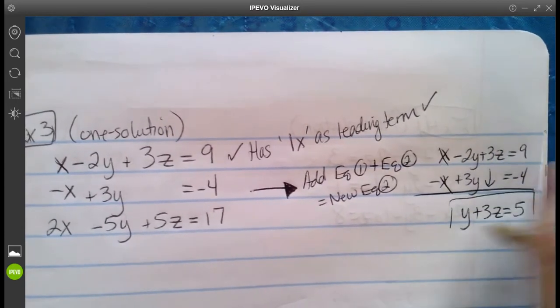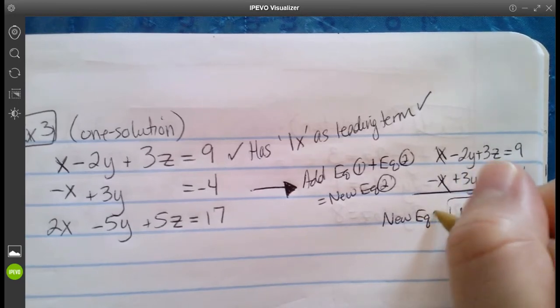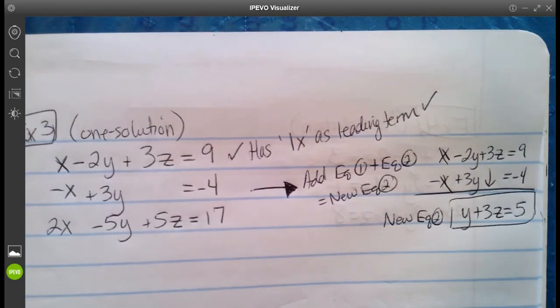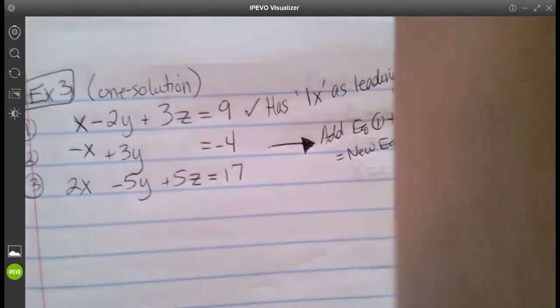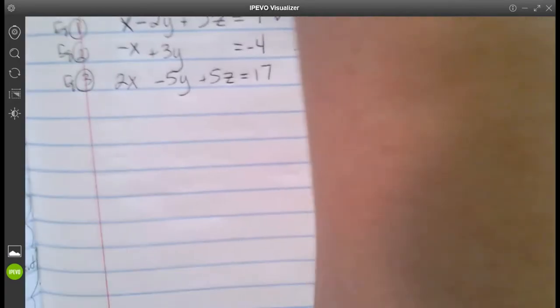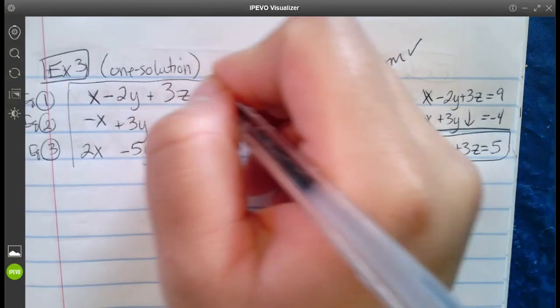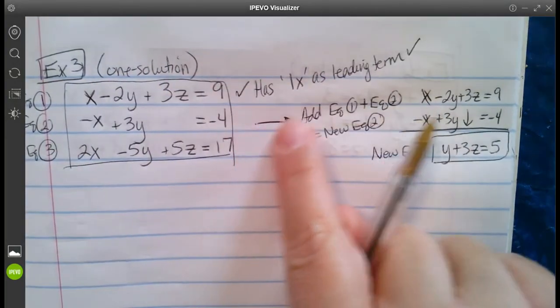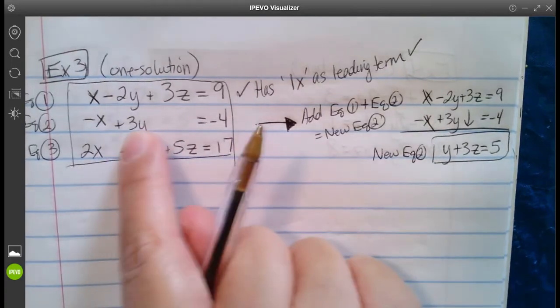So this is now my new equation 2. Here's what I'll try to do: I'll do the operation on this side, and I'll put the new system right here, that way you see what our system is as we go. So this was our original system. This is the first operation I did, and that's going to take the place of this one.